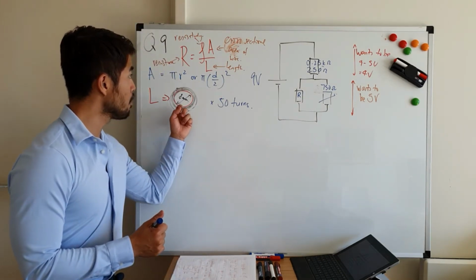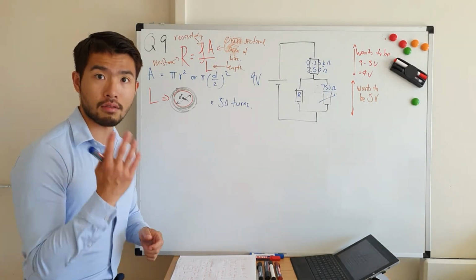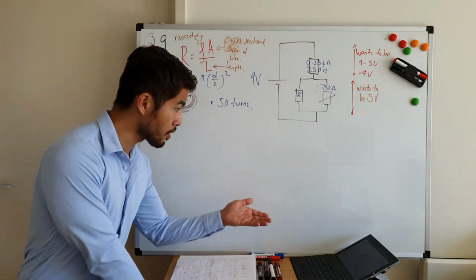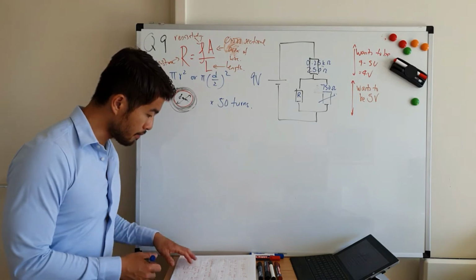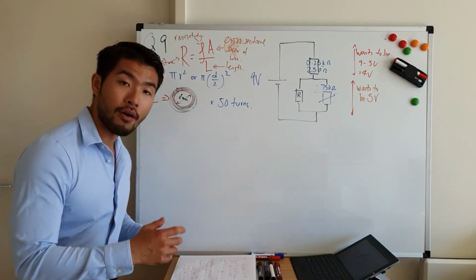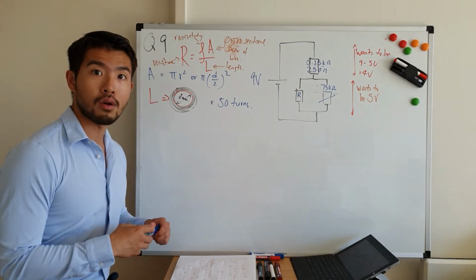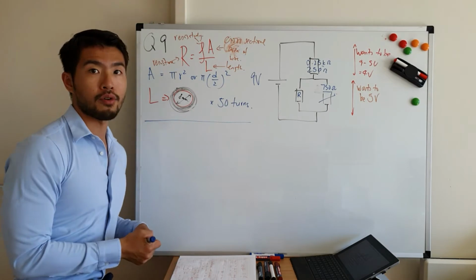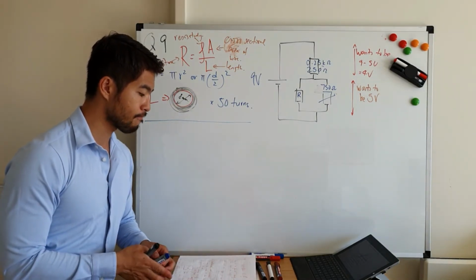So when you turn 50 turns, this is not actually giving you the cross-section area, this is giving you length. We don't know the cross-section area because they're asking you for the cross-section area of the wire. I'll let you do this. Substitute into the equation, then you should be able to do question A. If you want, pause the video and do question A.